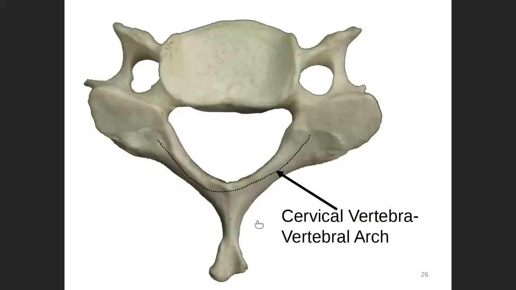All right. There's that vertebral arch. Remember, you have the vertebral body, and then the part of the spine comes all the way from here to here. That's the vertebral arch.